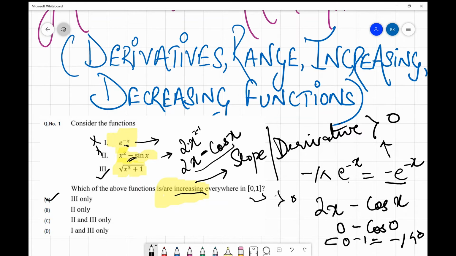But we'll verify this option as well. If we check it, this is basically x cube plus 1 to the power half. I can write it like this.